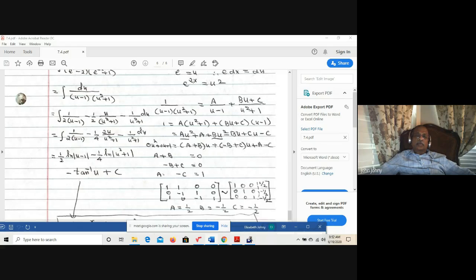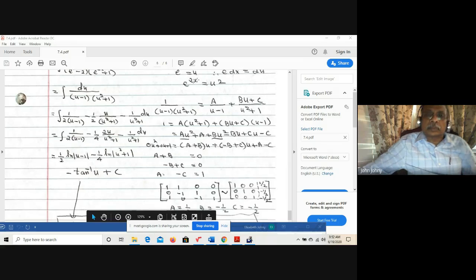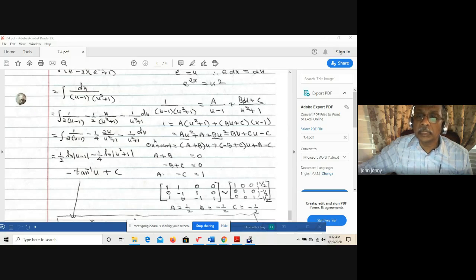So that is equal to 1/2 u minus 1/2. That 1/2 is pulled out. I think there is a term missing here.